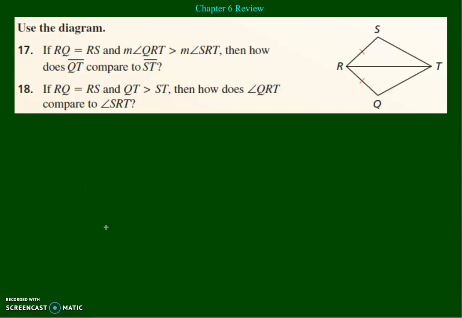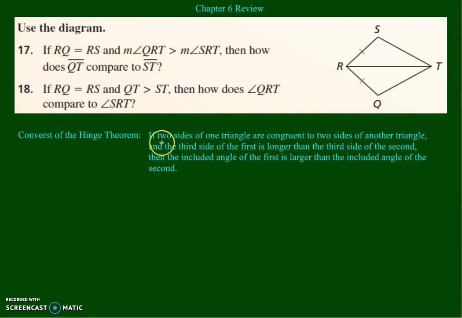Problem 18 uses the converse of the hinge theorem, which states if two sides of one triangle are congruent to two sides of another triangle, and the third side of the first is longer than the third side of the second, then the included angle of the first is larger than the included angle of the second. So here we have the same triangles. Since QT is greater than ST, so this is bigger, this is smaller.